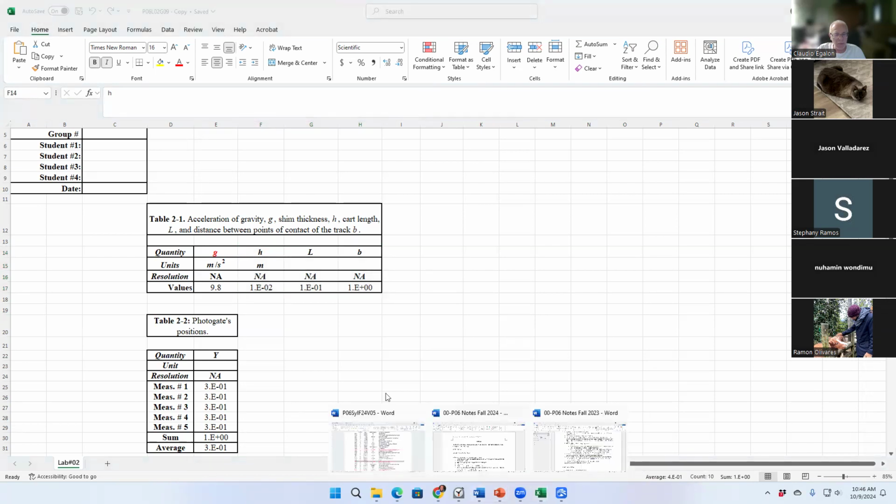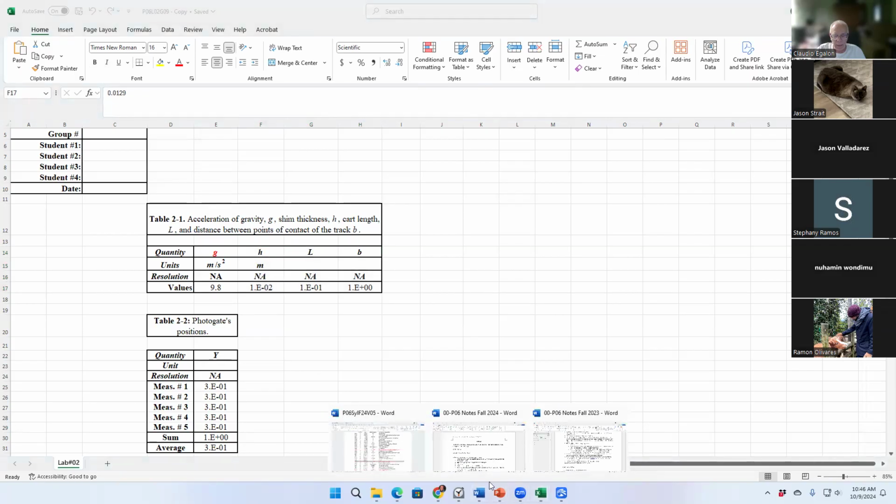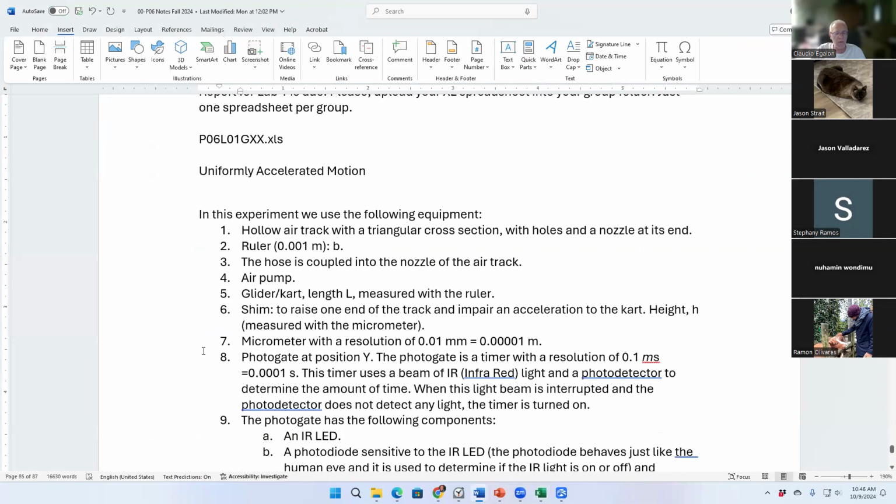And because it's measured with the micrometer, we can display it with more significant figures, right? So a micrometer is provided as well.